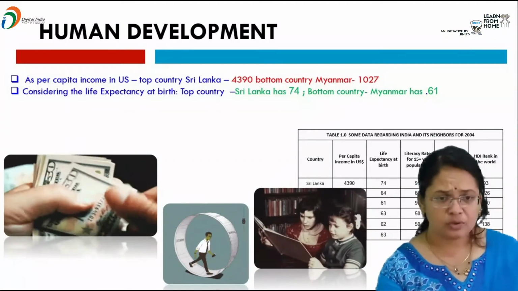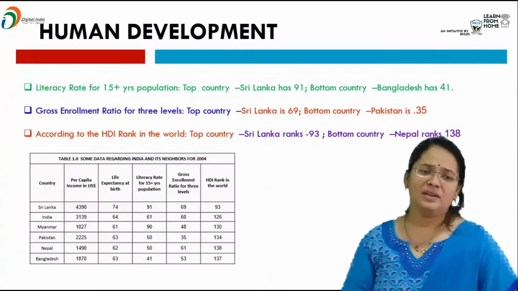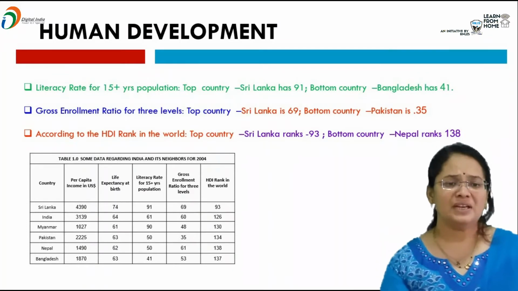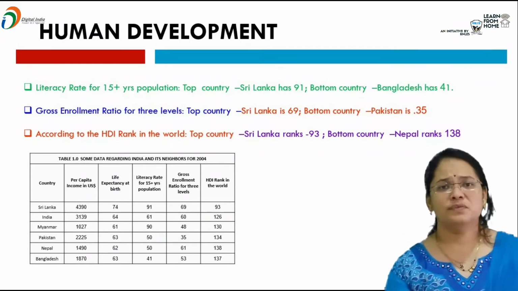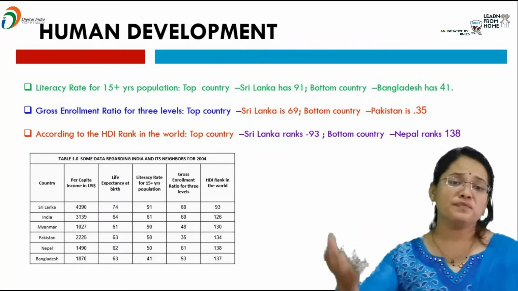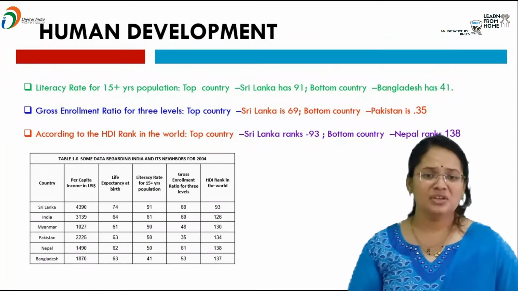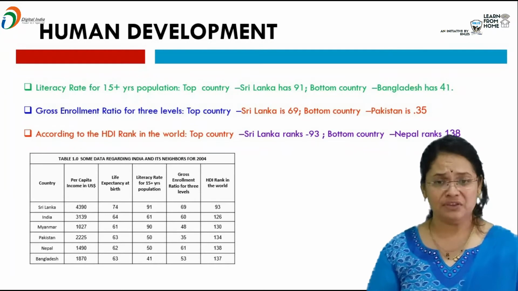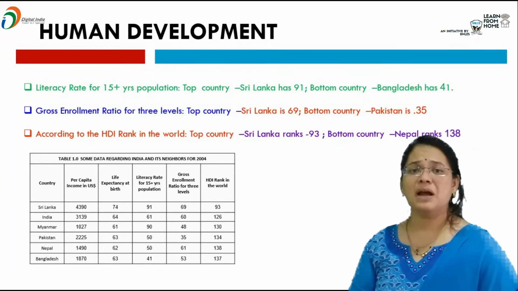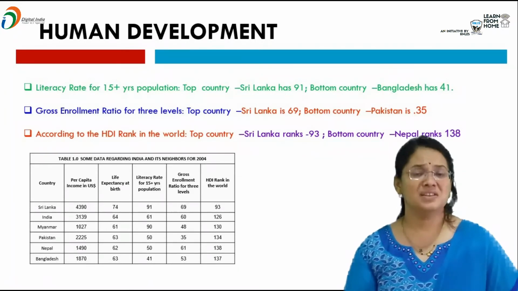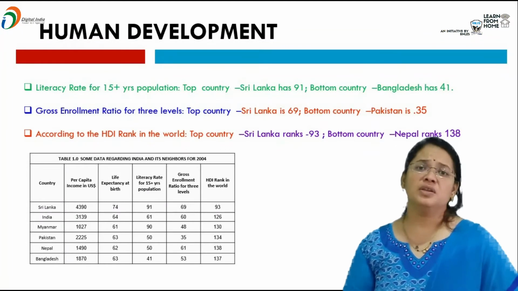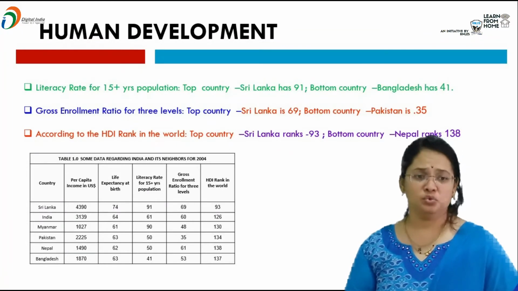Okay. So, in case of the chart again, please concentrate on the literacy rate for 15 plus years, means above 15 years, in the population among many countries. Sri Lanka is ranking 91 and the bottom country is Bangladesh, means there is less literacy among the young population, the youth.